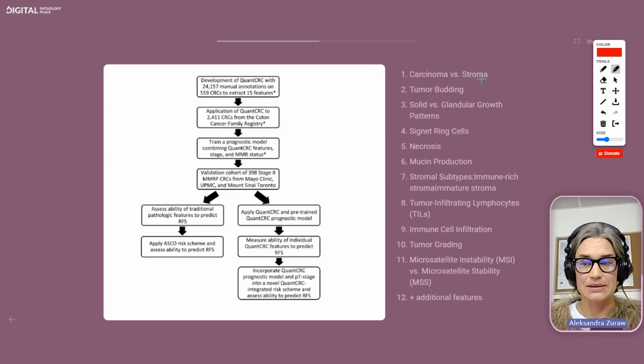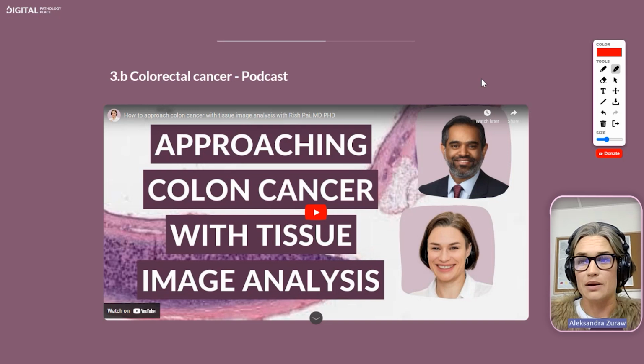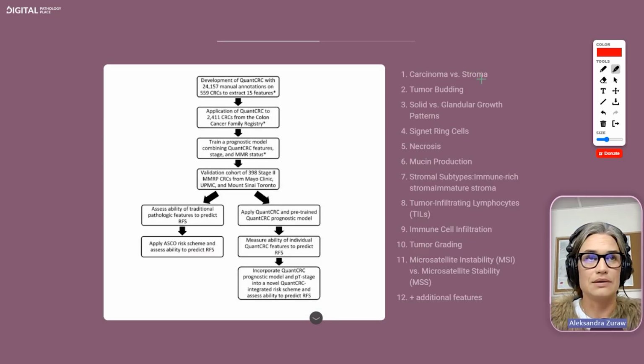I was impressed. I was talking to Rish Pai, who was the co-author and leader of this project at Mayo Clinic. And I was impressed that they had actually 15 features. He built a model. It took him half a year, and he included 15 different things that he was detecting with the software.